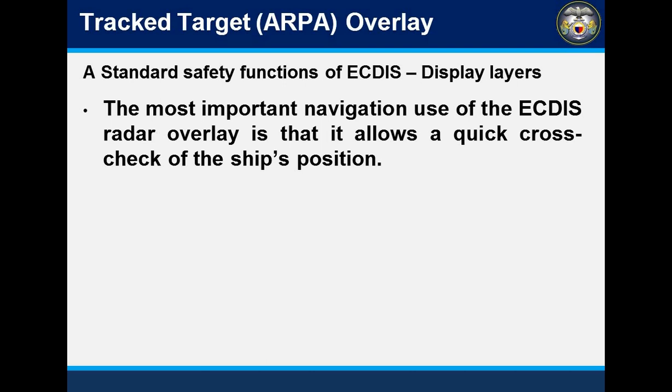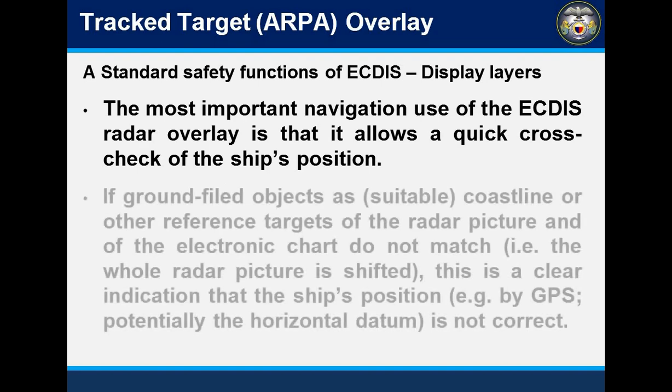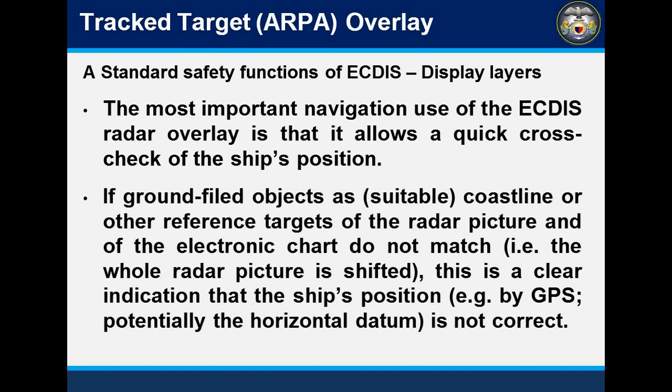Now, the most important navigation use of the ECDIS radar overlay is that it allows a quick cross-check of the ship's position. If ground fixed objects are suitable, coastline or other reference targets of the radar picture and of the electronic chart do not match, that is, the whole radar picture is shifted, this is a clear indication that the ship's position, such as GPS, potentially the horizontal datum, is not correct or in error.